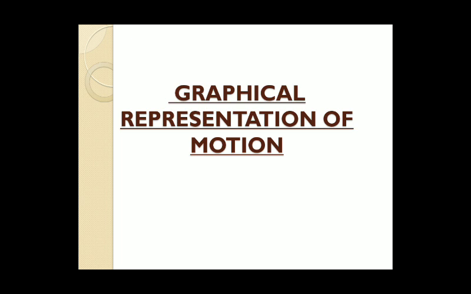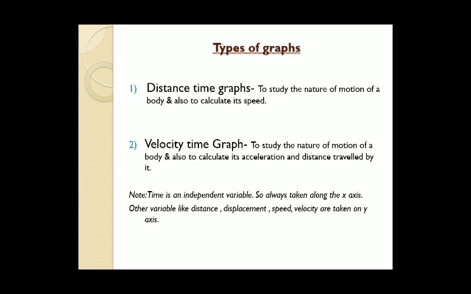So, to describe the motion of an object, we will be using the line graph which you already learned in your middle classes. The very first type of graph is the distance time graph, and the second one is the velocity time graph.